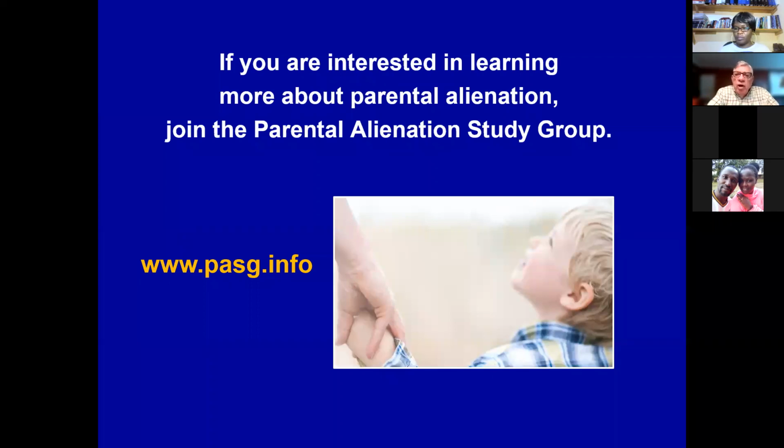Sometimes therapists get very involved with these families, and the therapist picks a side and says that parent A is the good parent, and parent B is the bad parent. And the therapist will indoctrinate the child to have that same feeling. So these are less common, but they do happen.